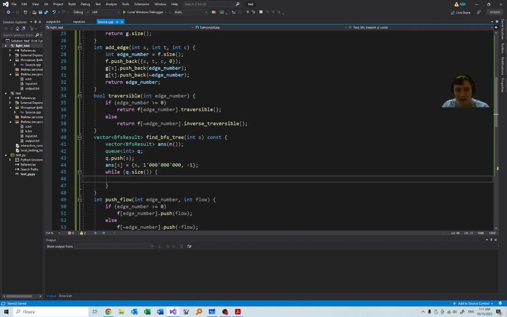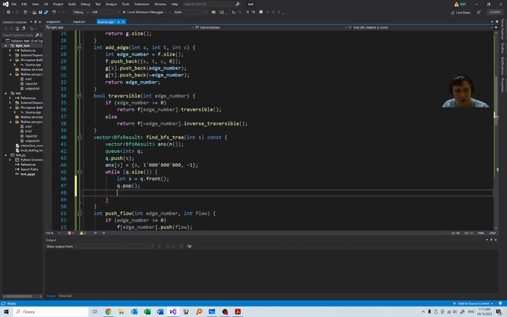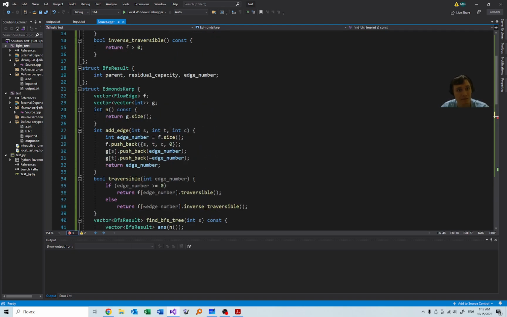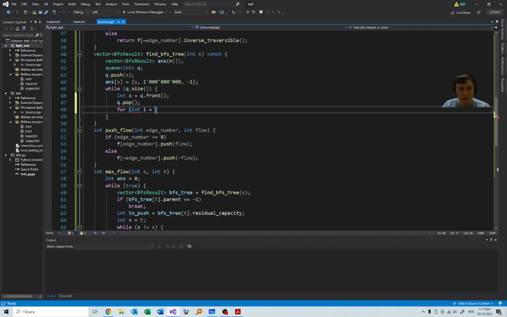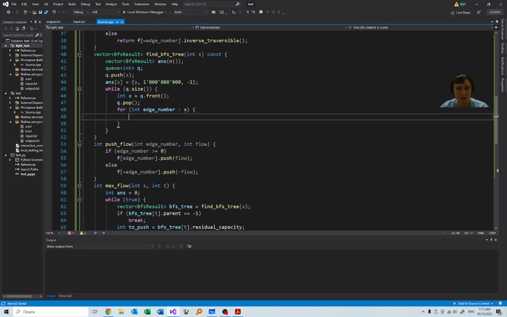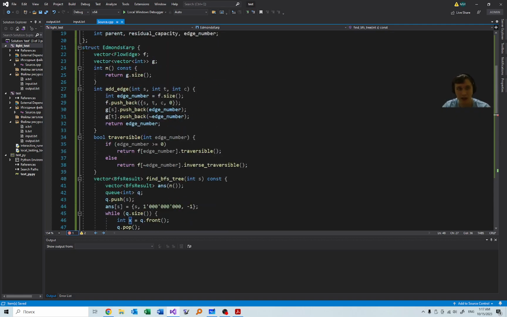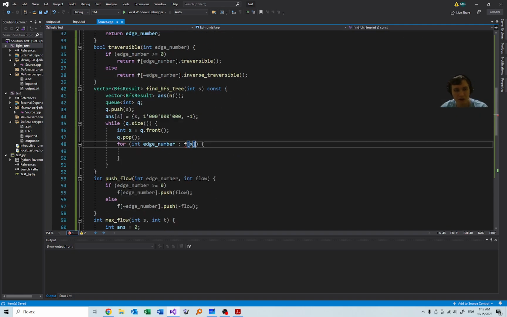So while q.size, int x equals q.front, q.pop, then we iterate through the edges of x, not from of x, but of f x of g x.